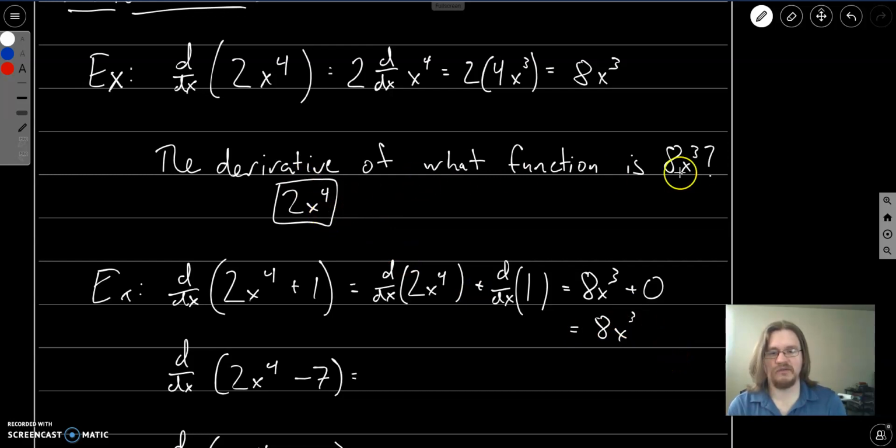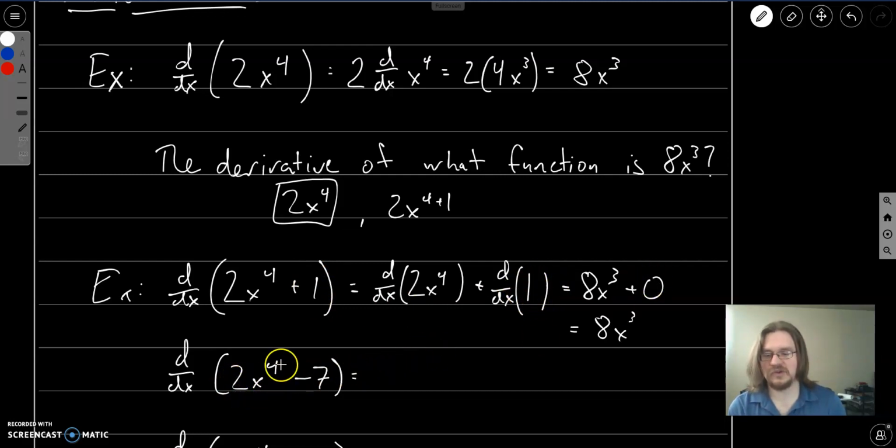So the derivative of what function is 8x cubed? Well, we found 2x to the fourth, but also 2x to the fourth plus 1. The derivative of this function is 8x cubed. And it doesn't really matter what this number is here, because as long as it's a constant, its derivative is always 0.